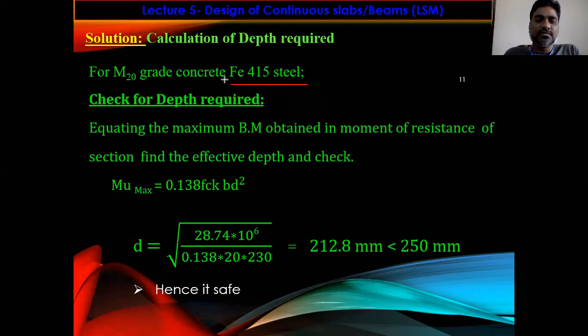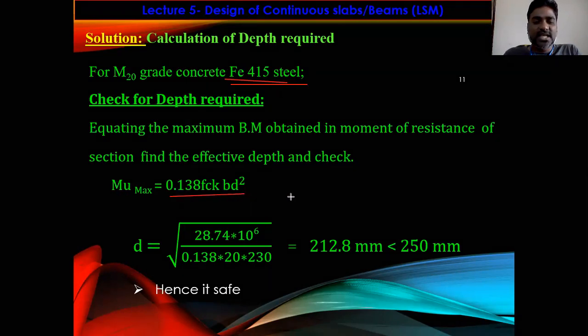For Fe415 steel, the Mu limit equals 0.138 fck square. I'm equating the maximum bending moment equal to the limiting bending moment to determine the depth required.